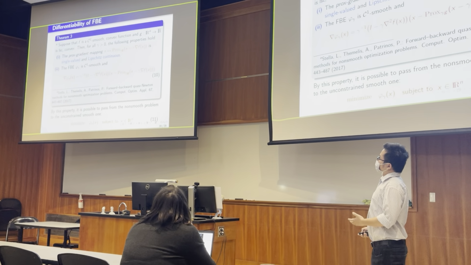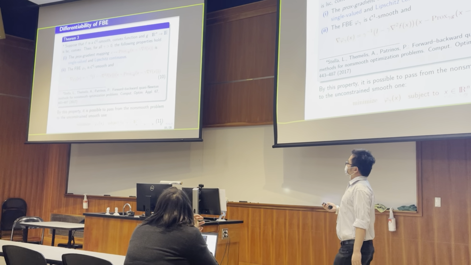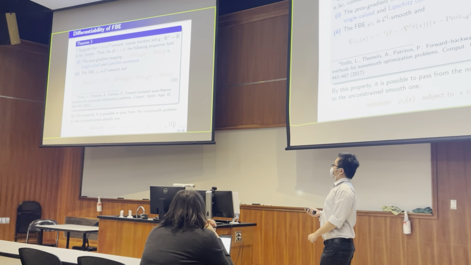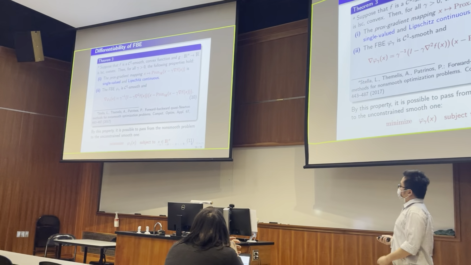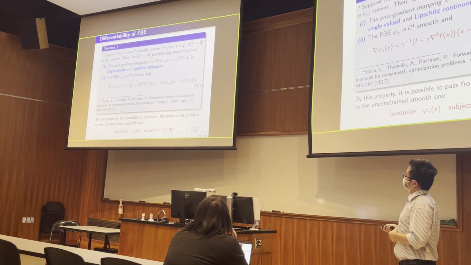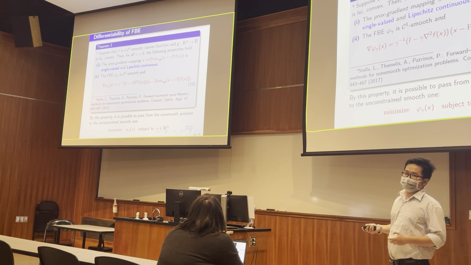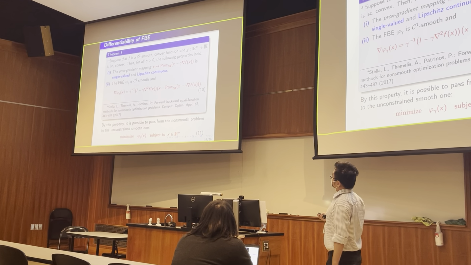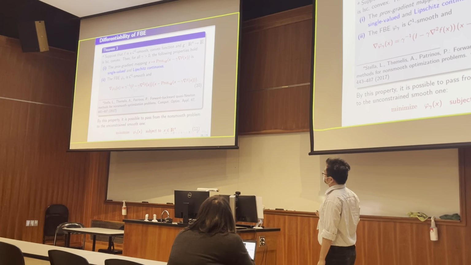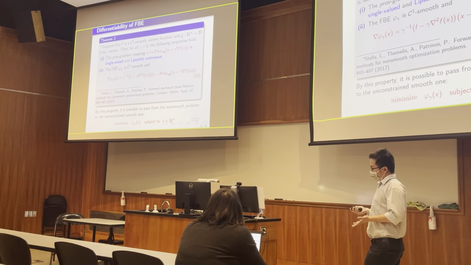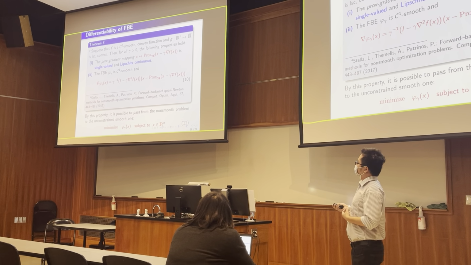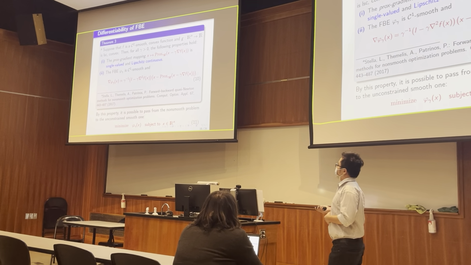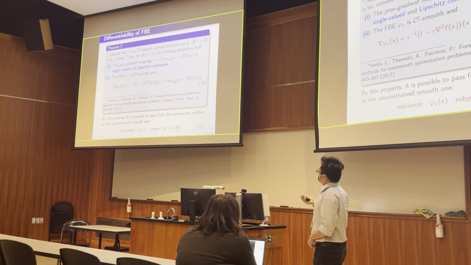Here we present some differentiability properties of the forward-backward envelope. If the function f is C2 smooth and convex, and g is a convex function, then the proximal mapping here is single-valued and Lipschitz continuous. The second statement is that the forward-backward envelope is C1 smooth, and its gradient can be computed by this formula.